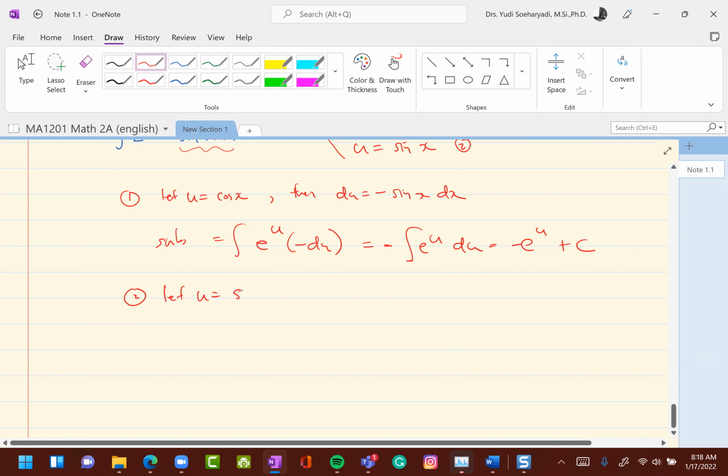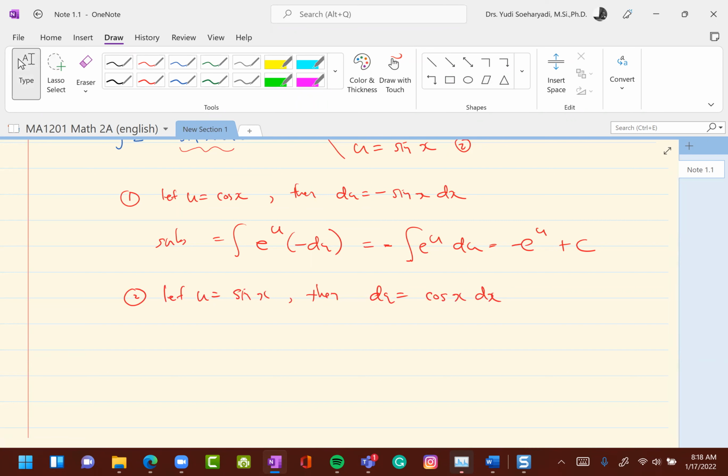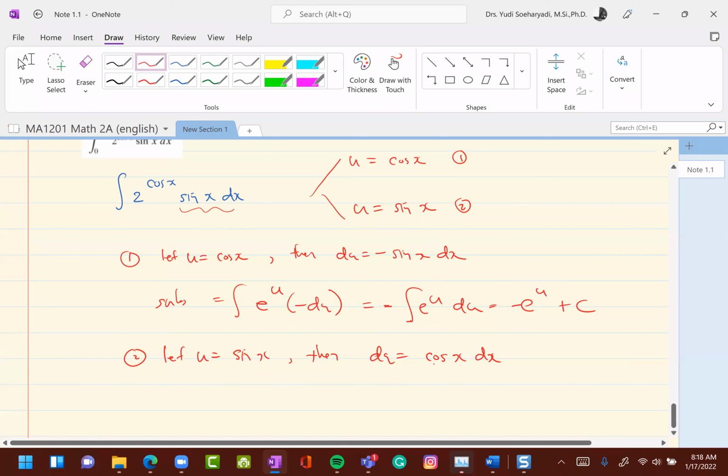And the other one is to choose u equal sine x. Then du equals cosine x dx. Now the thing here is that what you have is sine x times dx, so there's no way you can put in this cosine.